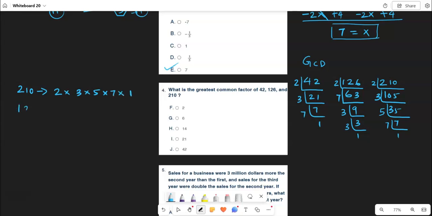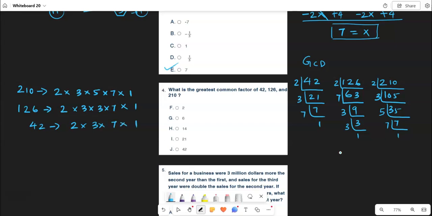And 126 I can write as 2, 3, 3, 7 and 1. For my convenience, I'm just writing this 3 first and 7 second. You can write the 7 first. No problem, it is not making any difference. And 42 you can write as 2, 3, 7, 1.